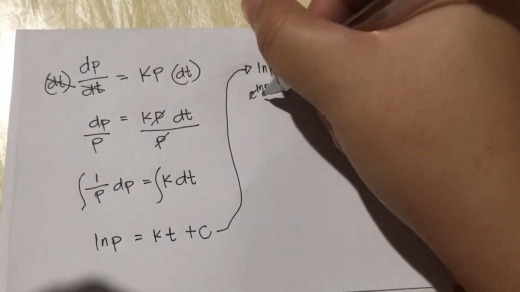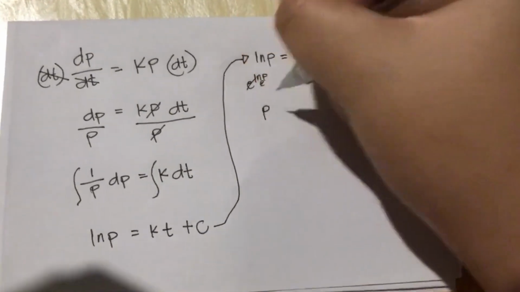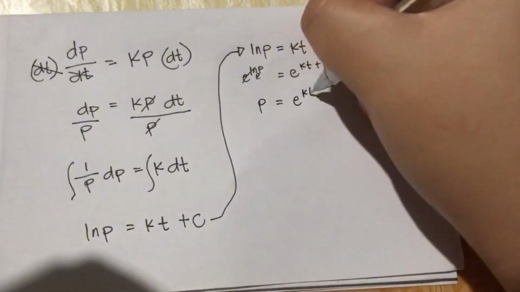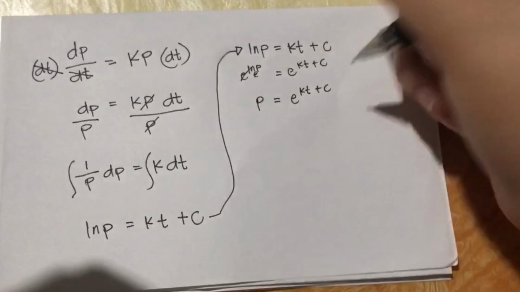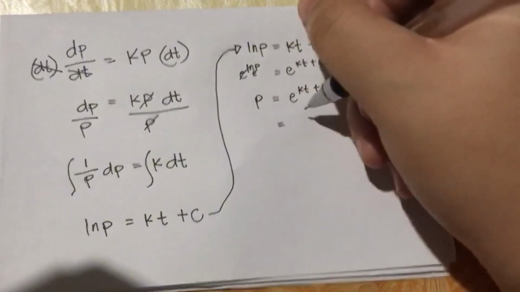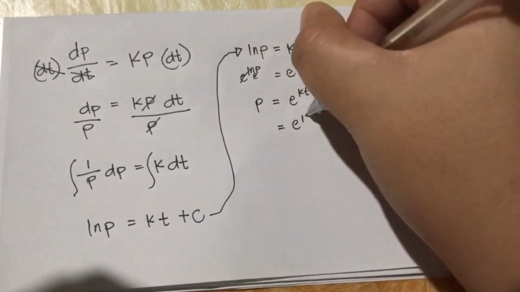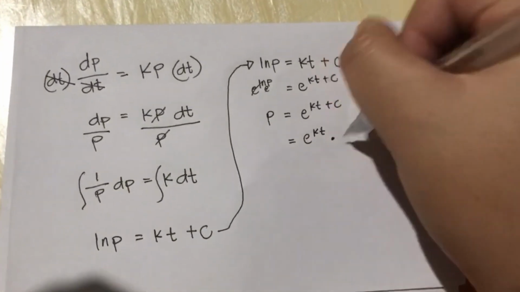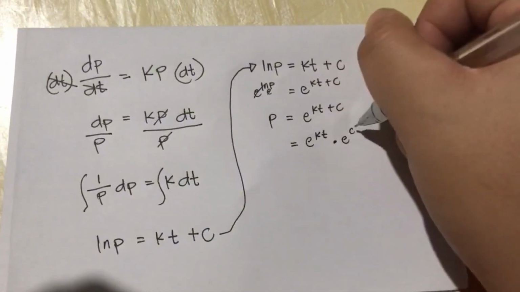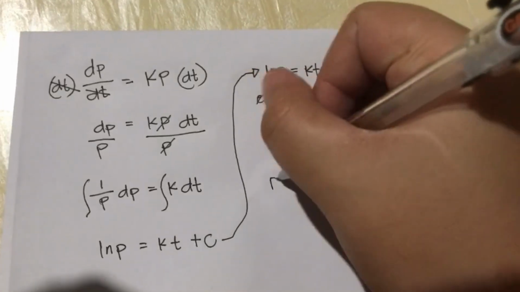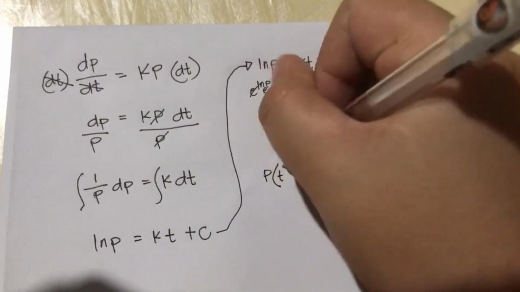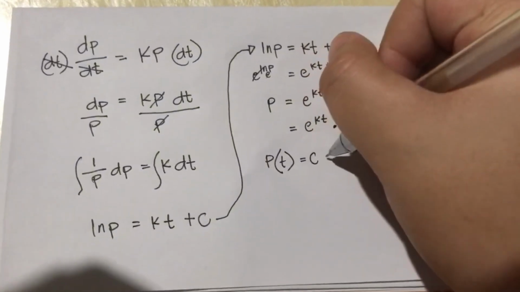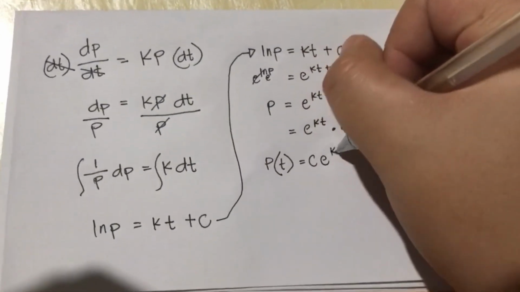So we have P is equal to e raised to kt plus C. In algebra, we have e raised to kt times e raised to C. So e raised to C is a constant, so we have P of t is equal to C e raised to kt.